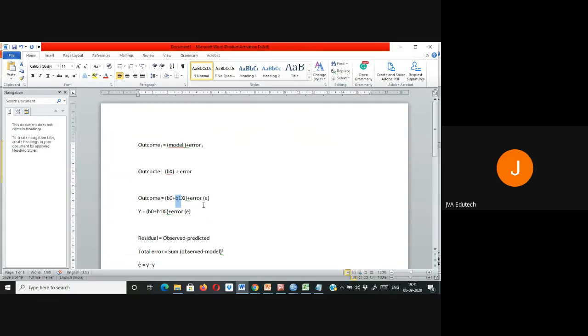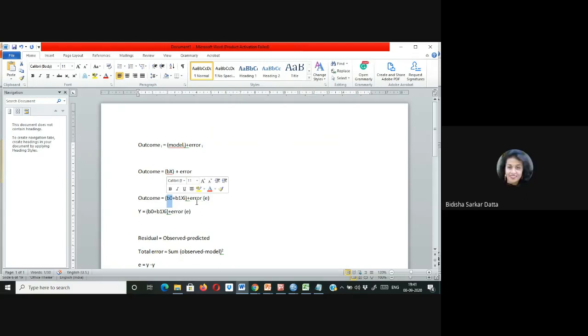For that purpose, we have to bring in another parameter which can tell us the value of the outcome even if x is 0. Getting my point? Okay. Let's forget about this b0. Now outcome is equal to bx plus error.